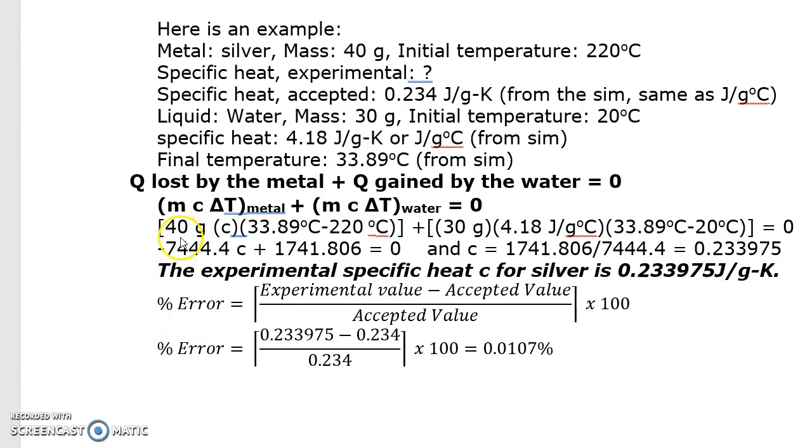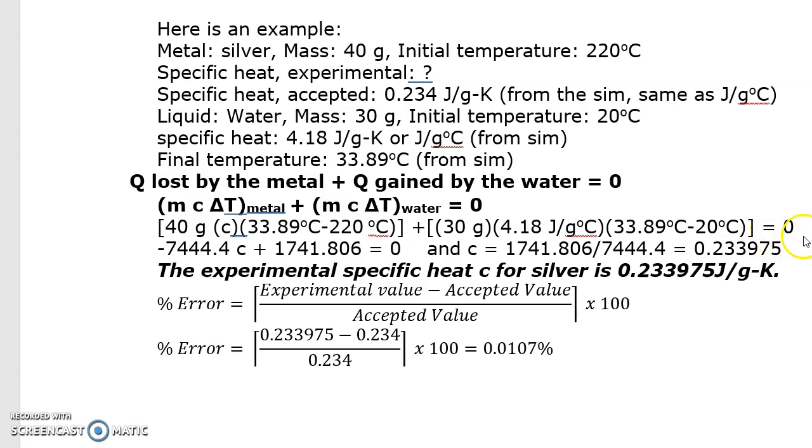When we substitute our values, we have 40 grams times C times 33.89 degrees Celsius minus 220 degrees Celsius. That whole quantity is added to the product of 30 grams, 4.18 joules per gram degree Celsius, and the difference between 33.89 degrees Celsius and 20 degrees Celsius.